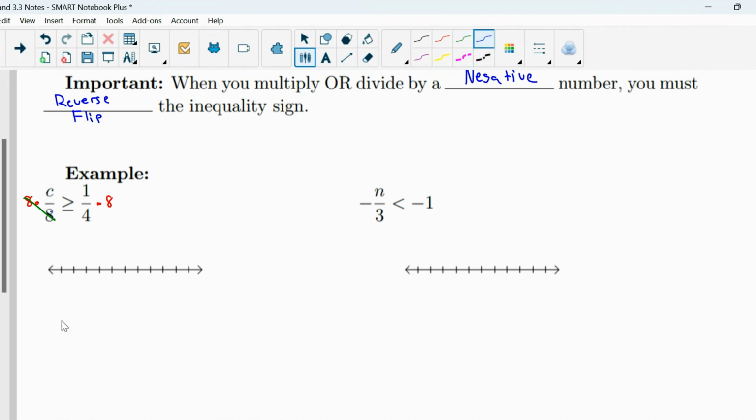This leaves us with c is greater than or equal to 1/4 times 8. Remember, you can turn this into a fraction over 1, which would give us 8/4. We can simplify this. 8 divided by 4 gives us 2. So we have c is greater than or equal to 2.